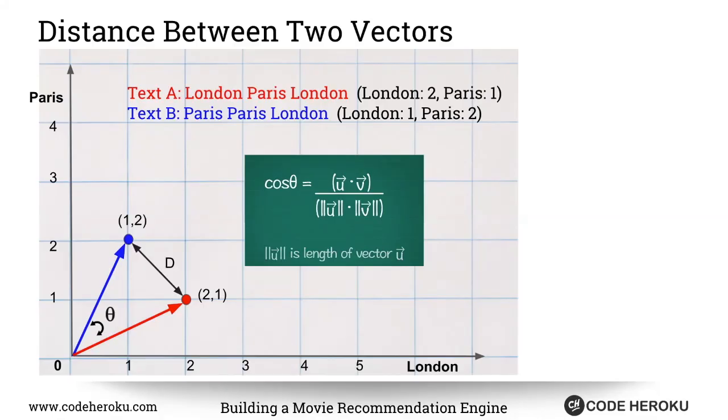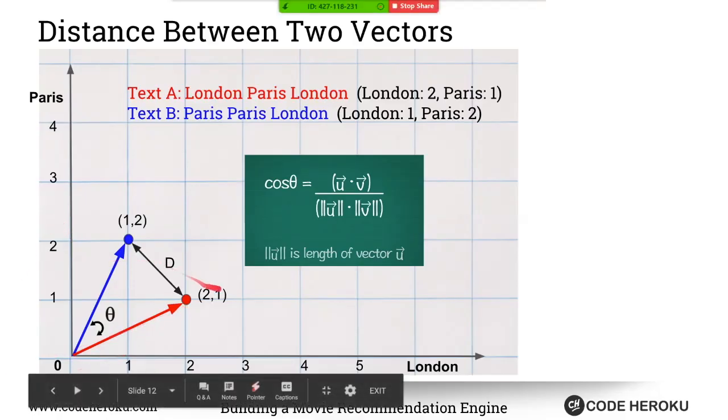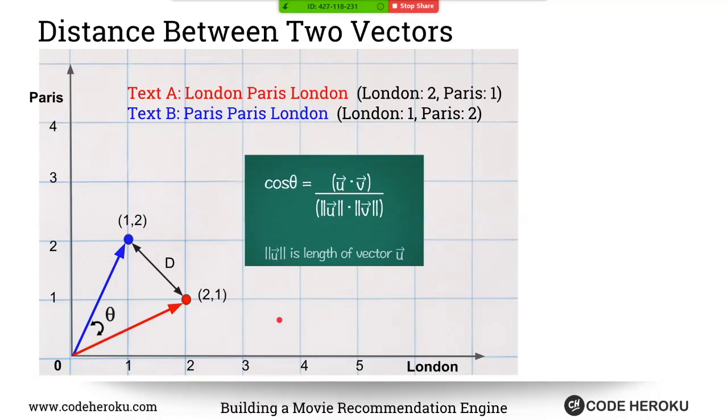To do that, we need some features which are present in movie A, and some features present in movie B. To find similarity between these two, we need to quantify how different or similar these two movies are. To do that, we are going to use a measure called cosine similarity, which is the cos theta between these two vectors.